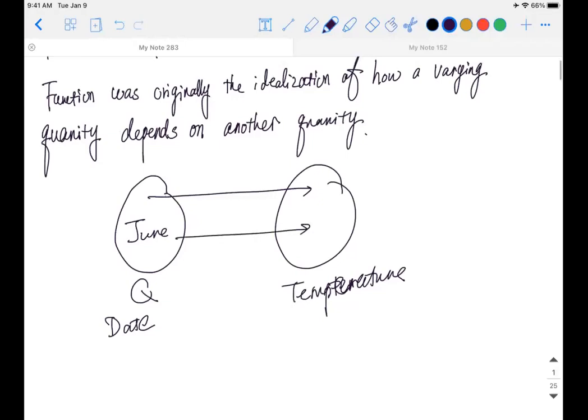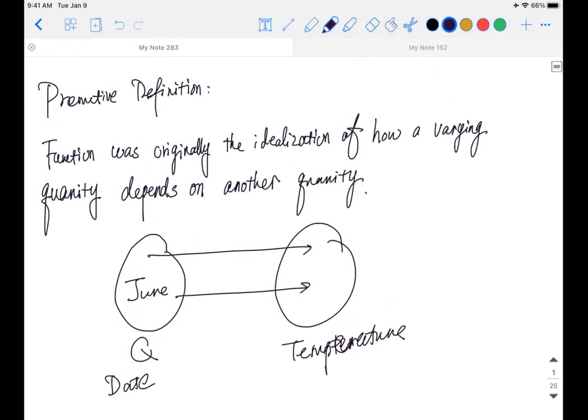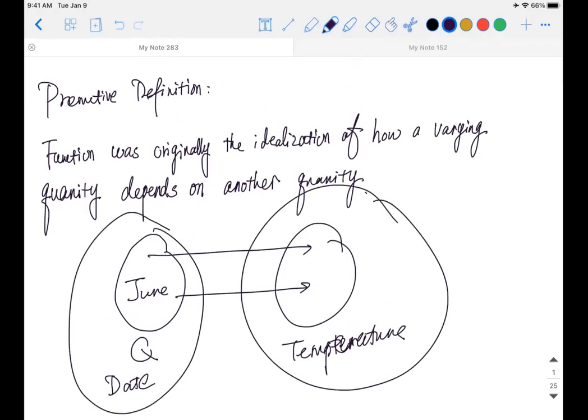So this is actually the original definition of a function. We're trying to find out a relationship between two quantities. The first quantity is changing from one value to the other value. And then the other quantity is also changing from one value to the other value. So during this changing process, we somehow can find such a relationship, right? Relationship.